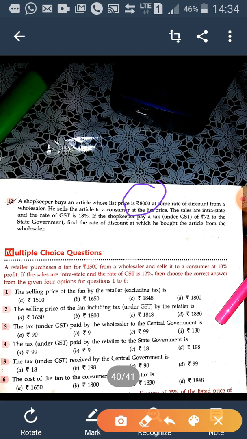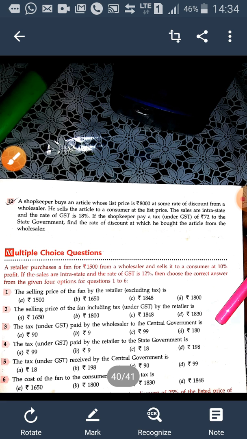He does not buy it at rupees 8000; the list price of the article is 8000. Understand the difference. Why? Because it is mentioned in the sum that he gets it at some rate of discount from a wholesaler. He doesn't purchase it for rupees 8000.